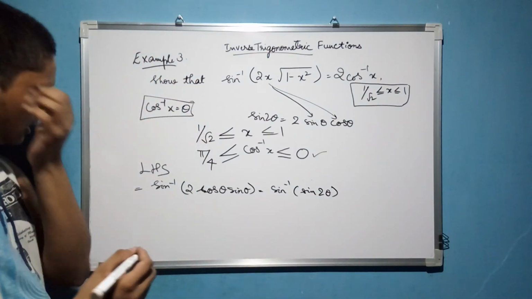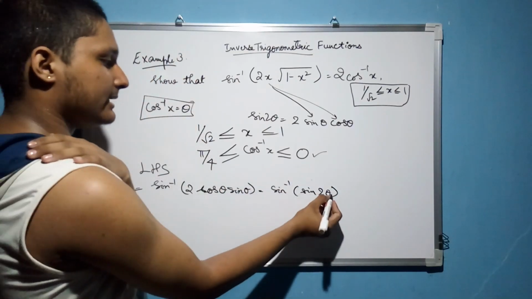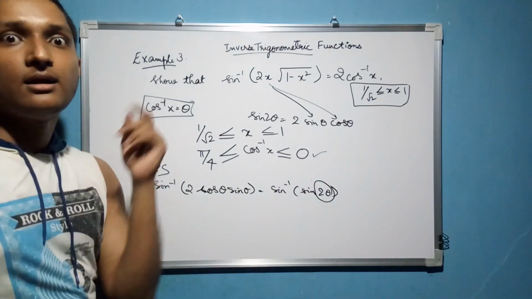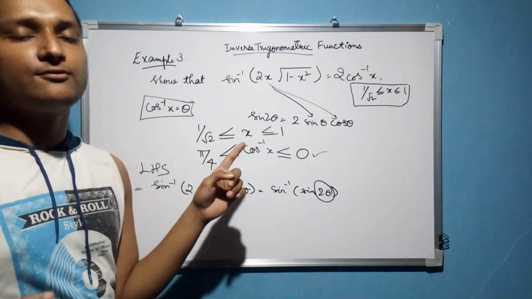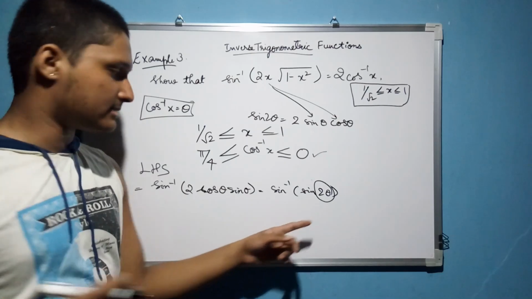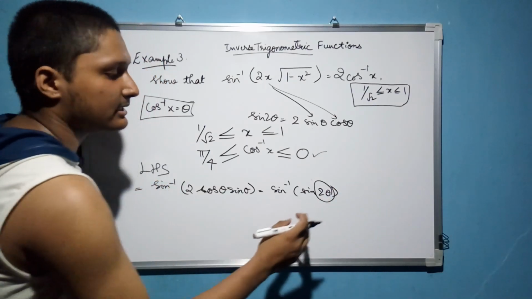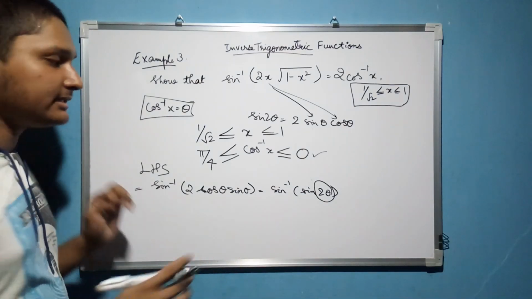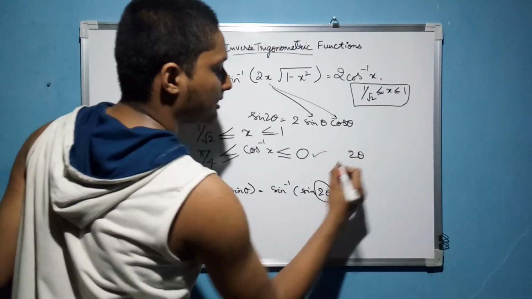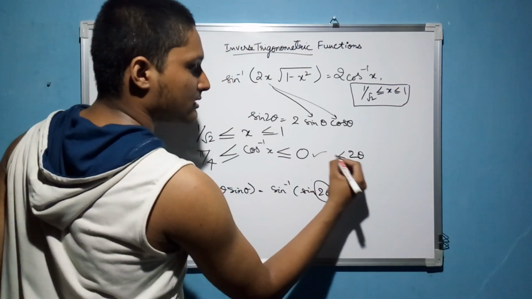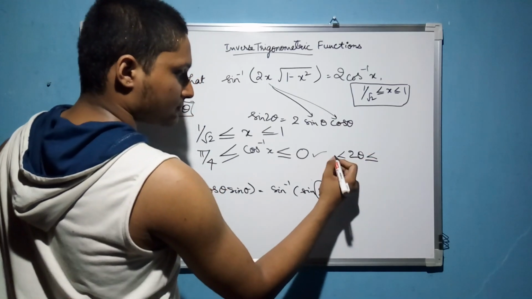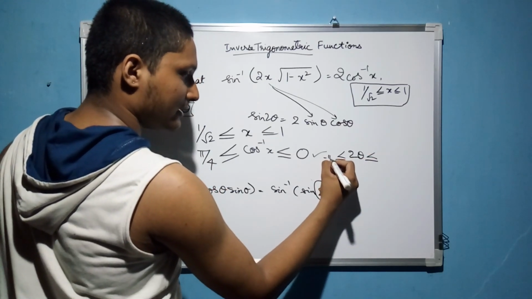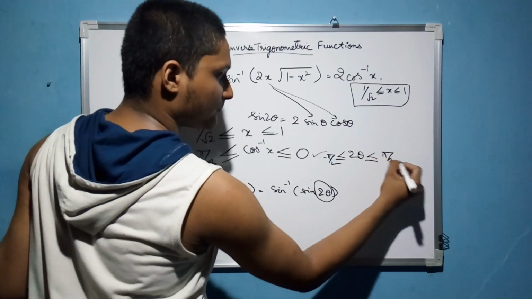Okay. So we need to understand that this 2 theta, as in the first thing of today's class, that was sine inverse of sin x. Therefore it should be an angle that is belonging to the principal value branch, because it is a sine function. So it should be always in between minus pi by 2 to pi by 2.